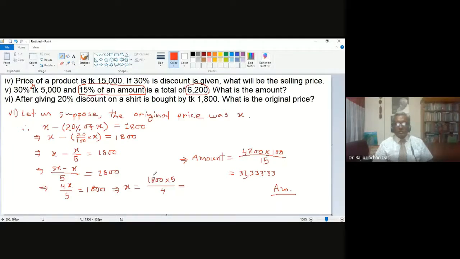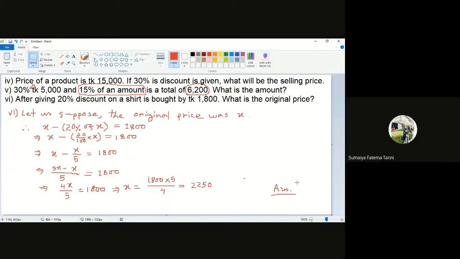It is 450, so 2250 taka. So this was the original price. Is that okay?